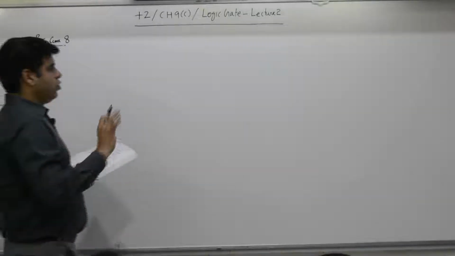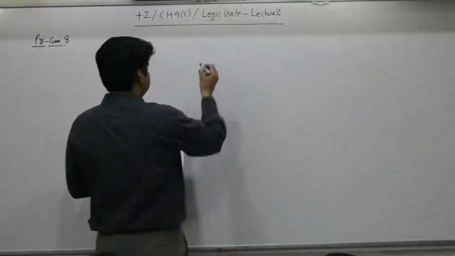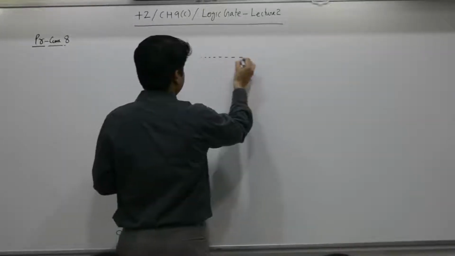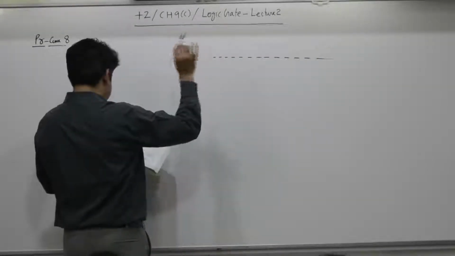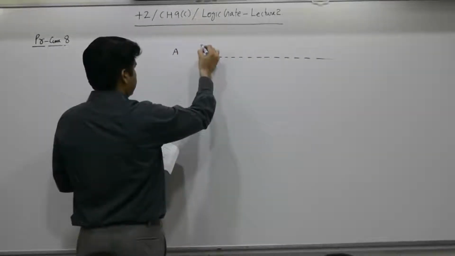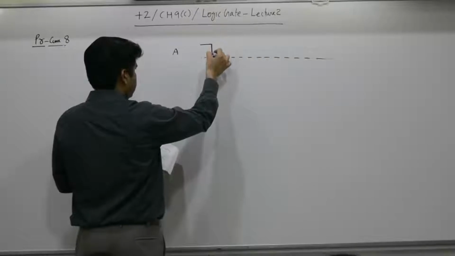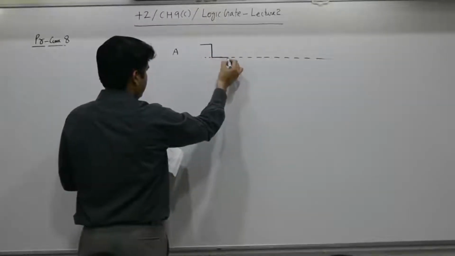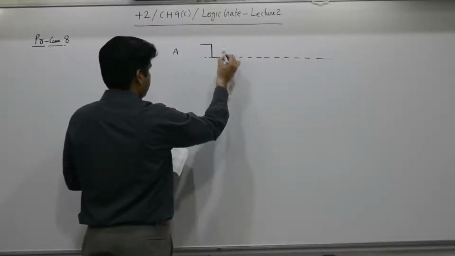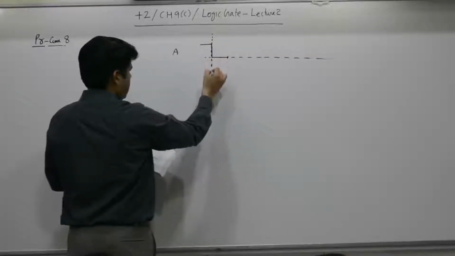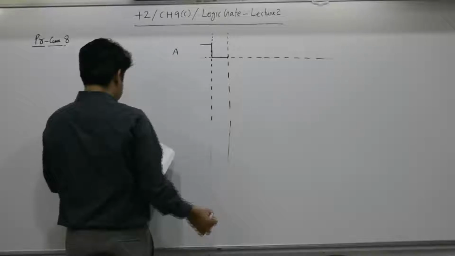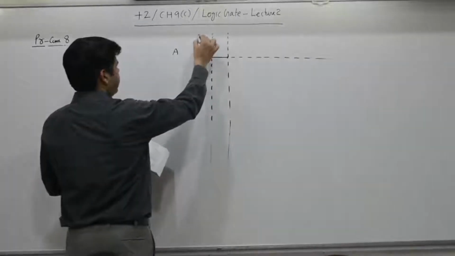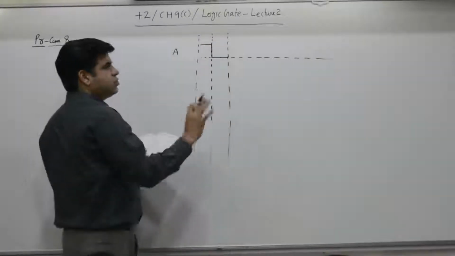You have to sketch the output, but first, see how A varies, high, low. Suppose you can think of it as each 1 second.